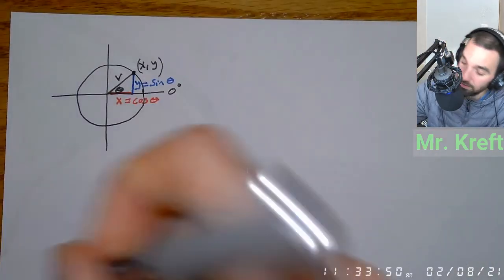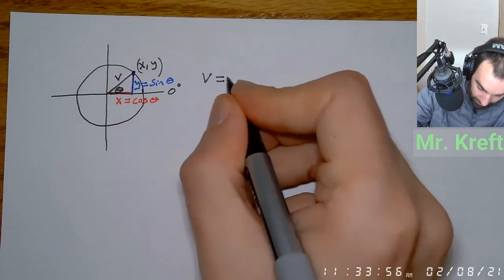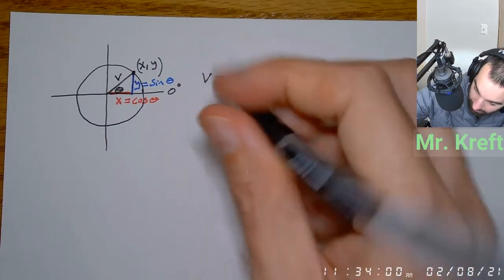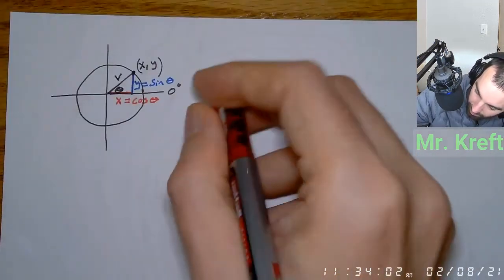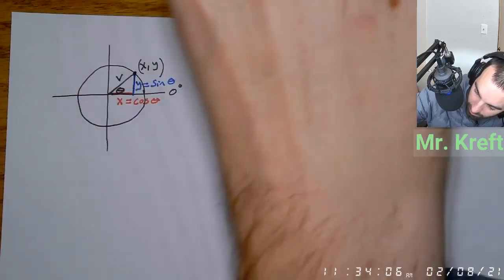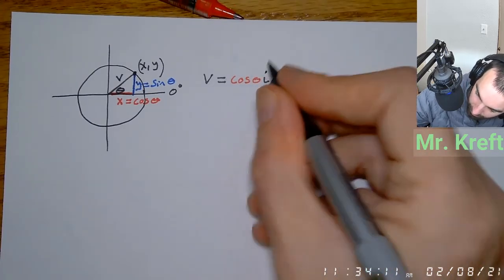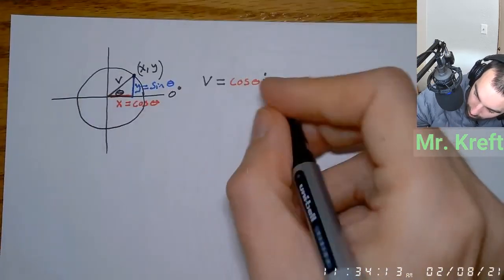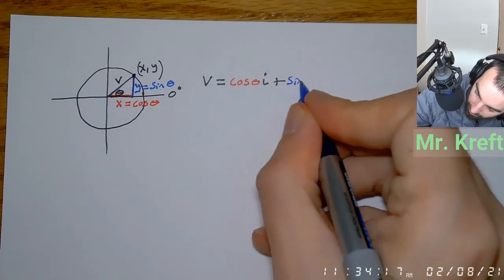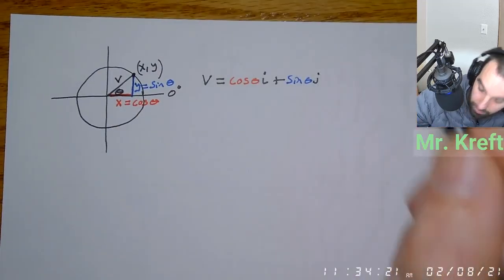So what does this mean? This means that vector v can be written as cosine theta i plus sine theta j.